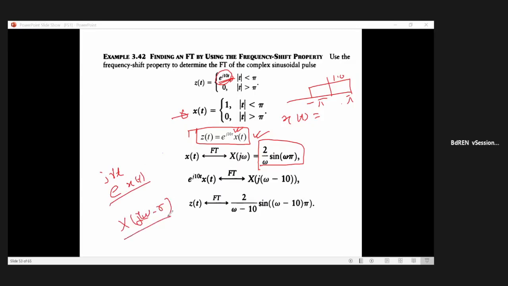A frequency shift was there. Correspondingly, here the gamma factor is equal to 10. So the corresponding Fourier transform will be what?